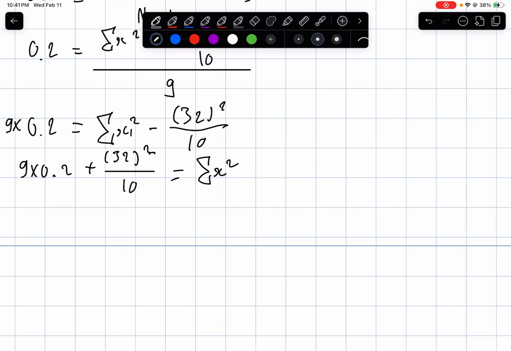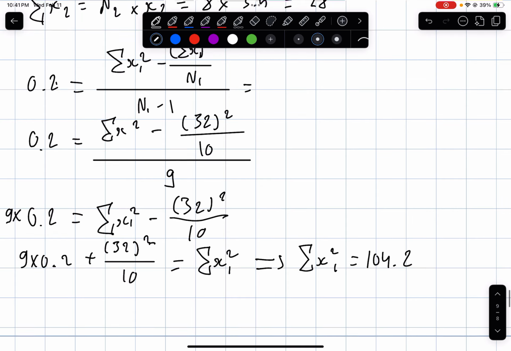Let's plug that into the calculator. So we get 9 times 0.2 plus 32 squared over 10, which gives us 104.2. So the sum of x squared 1 is 104.2.